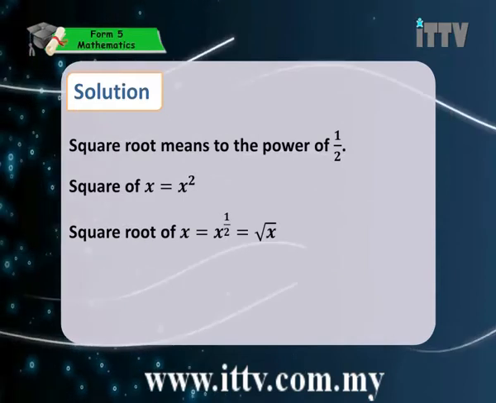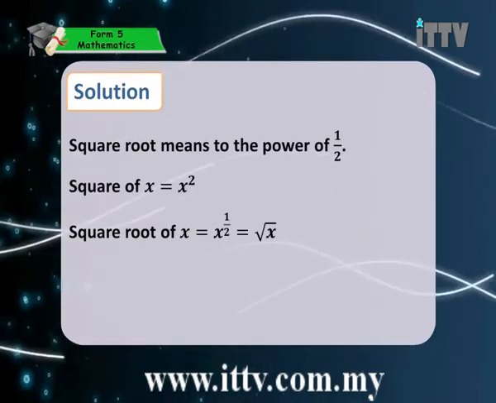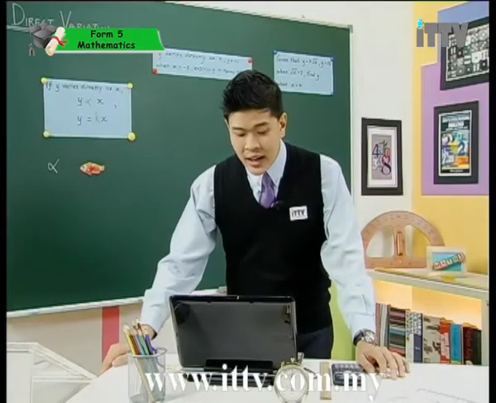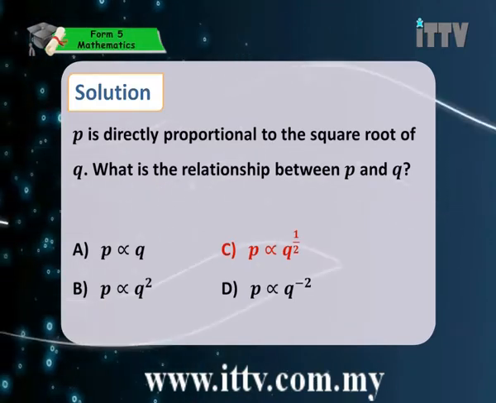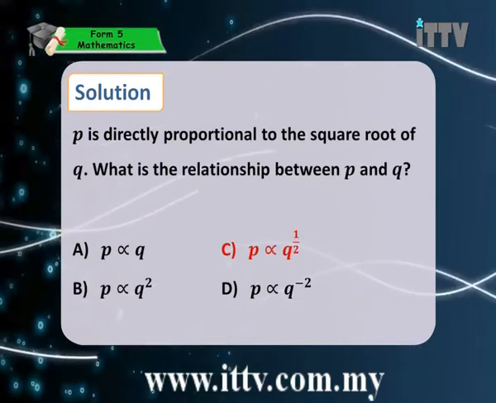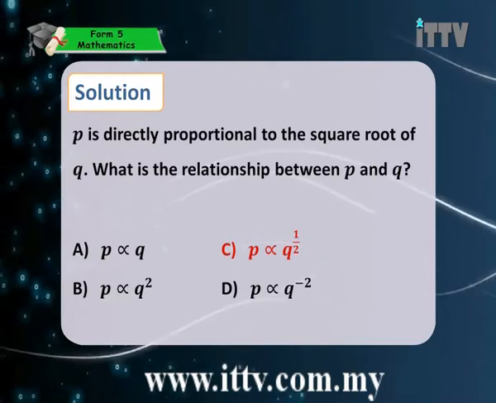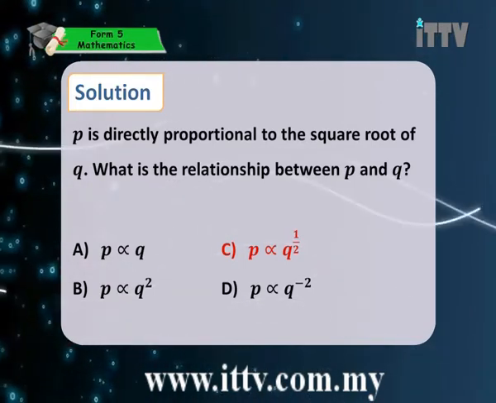Square root of x equals x to the power of half, or square root x. So now, the two quantities are P and Q to the power of half. So the answer is C, because that is the correct symbol form. P varies directly as the square root of Q.